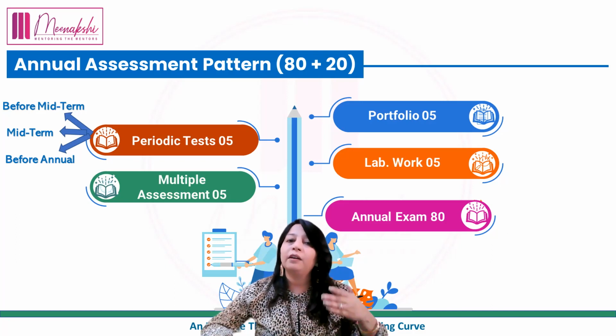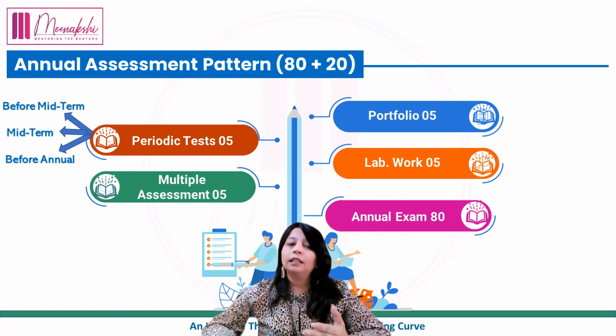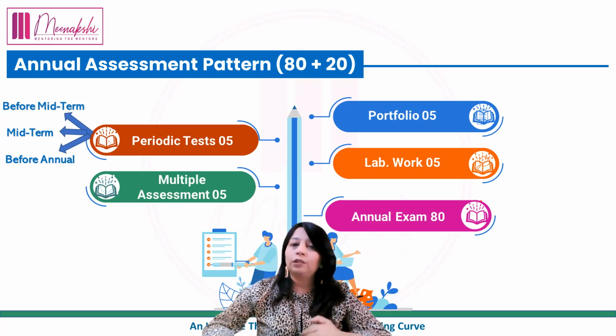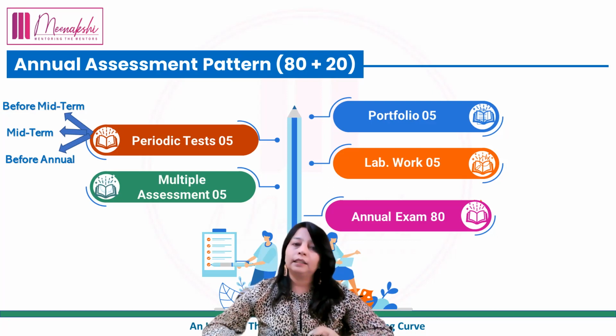I mean, you have to provide the weightage out of 5 for the student's performance in these 3 exams. If by chance any child misses any one of these 3 exams, obviously you will be considering the rest of the 2 exams. And if any child has appeared in all the 3 exams, you have to take the best 2. For calculating the same, my dear educators, make sure you have the maximum marks accordingly.